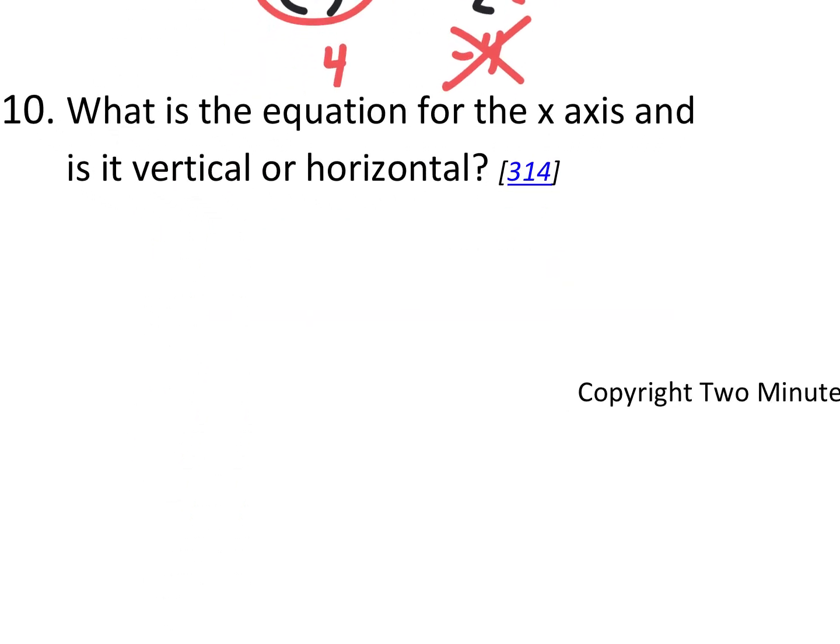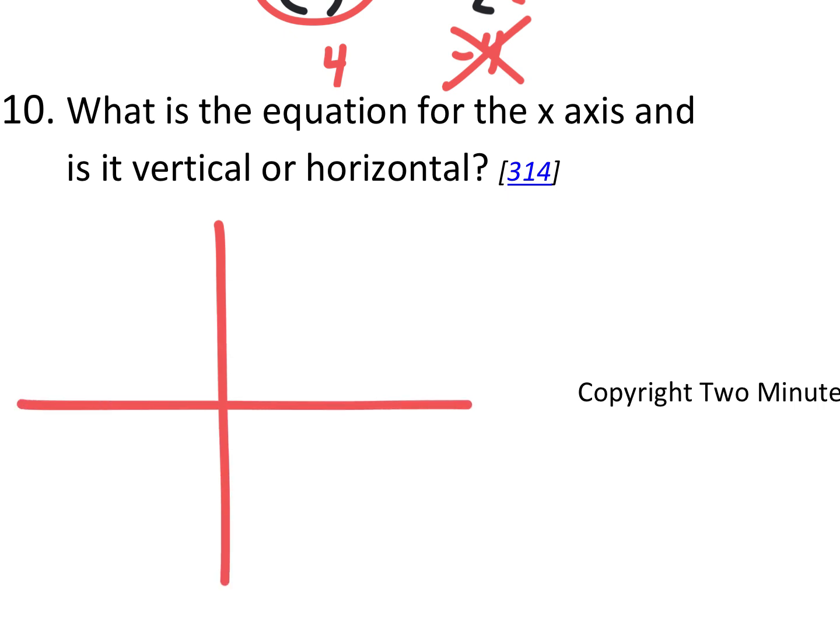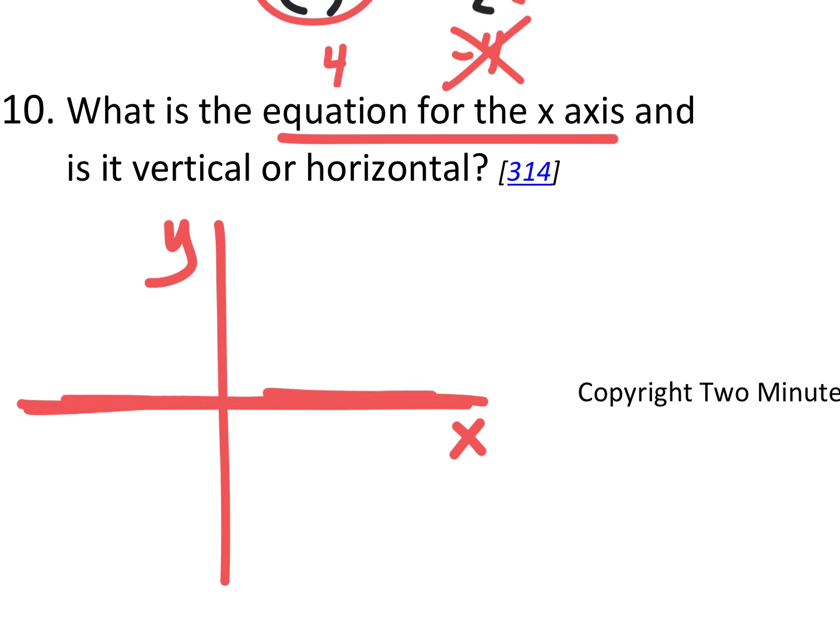For skill 314, we're talking about the x and the y-axis, whether they're vertical or horizontal, and what the equation is for those. I think most people by now know that that's the x-axis and that's the y-axis. But if I ask you for the equation for the x-axis, what's the equation for this line right here?